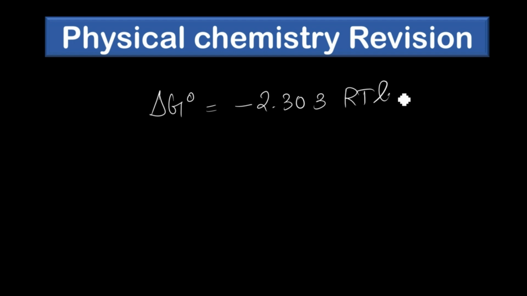Right? Then delta G naught of an element is always 0, and if delta G naught is given, for the equilibrium constant you have to use delta G naught equals minus 2.303 RT log K, where K is the equilibrium constant.